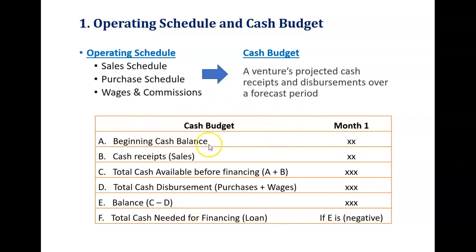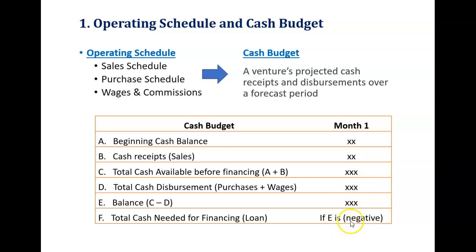The beginning cash balance, let's say how much money you have in the first month, you add the sales cash receipts, and then you get total cash available before financing, that means A plus B. D is total cash disbursement, how much money you spend for purchases and wages. And the balance is C minus D. That means you take the total cash available and subtract the total cash disbursement, then you get the balance.